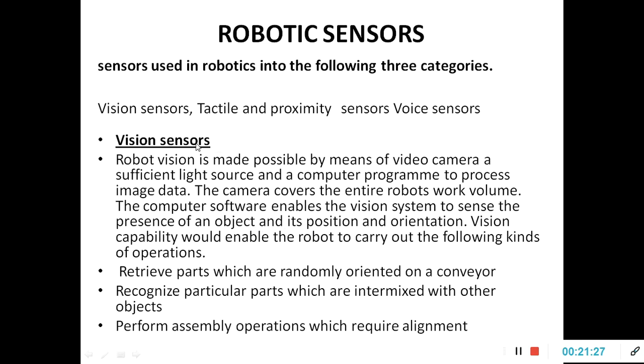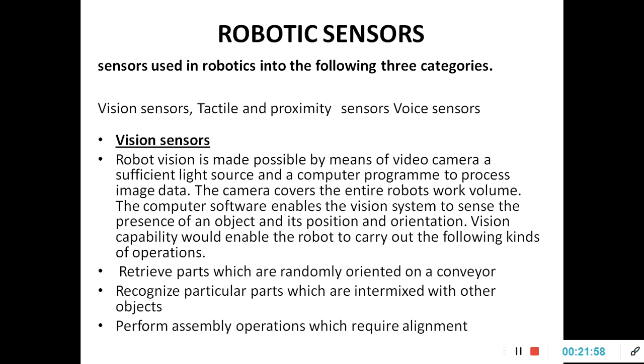Vision sensors are used to identify the workpieces with the help of cameras. The camera and a sufficient light source are used to recognize the presence of an object, and that information is transferred to the robot. Whenever the robot is moving along a particular path, if there are any obstacles in the path, they are recognized with the help of the vision sensors.